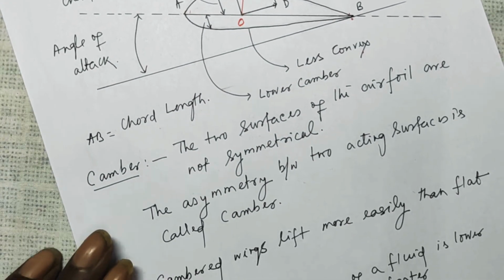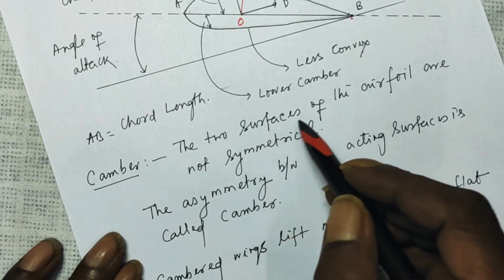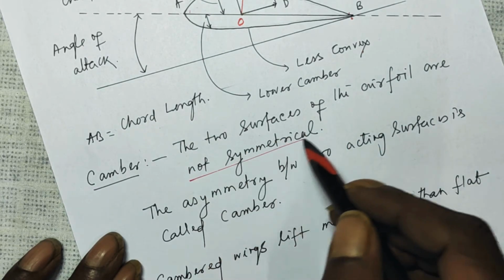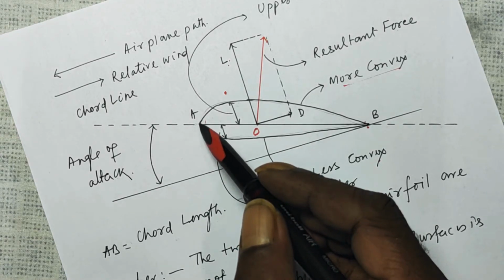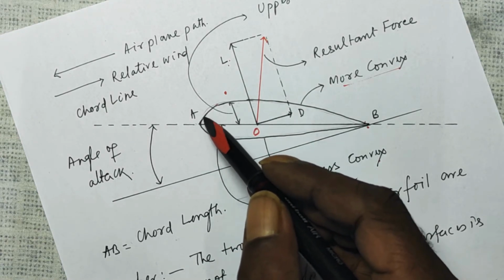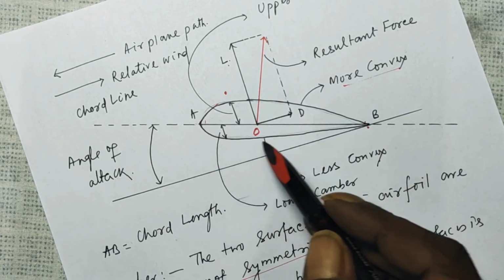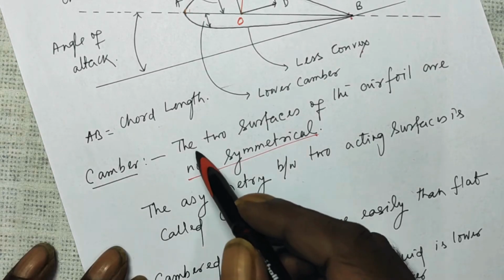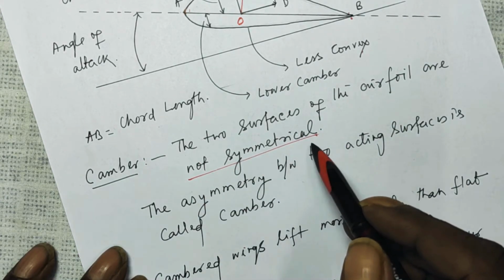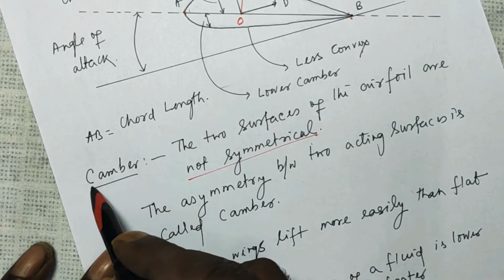Now what is a camber? The two surfaces of the airfoil are not symmetrical. Means the curvature of this and the curvature of this are not symmetrical. And what is camber?